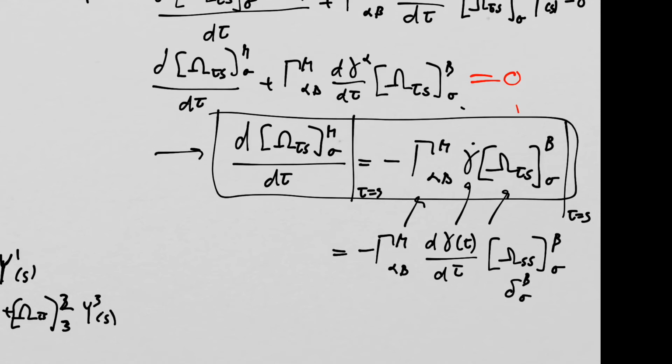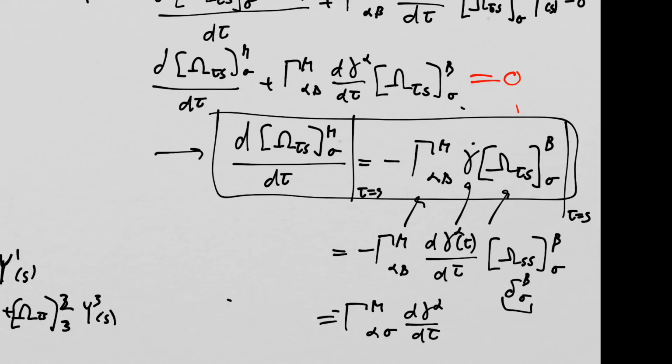For that matrix element to be part of the identity matrix, it's going to have to be a delta function. So that delta function will allow me to collapse the betas into the sigmas, and I will end up with minus gamma mu alpha sigma d gamma alpha dt.